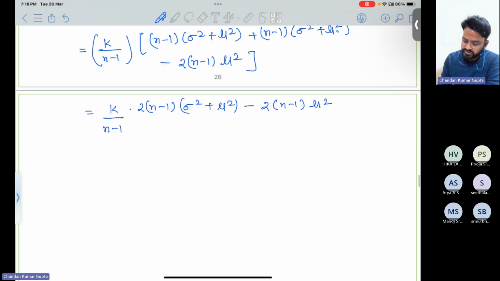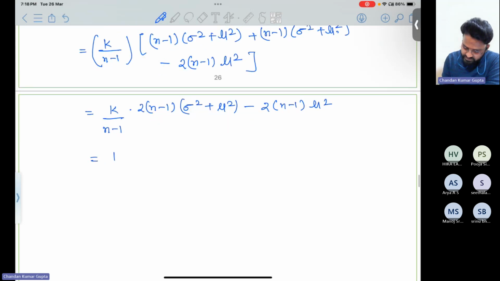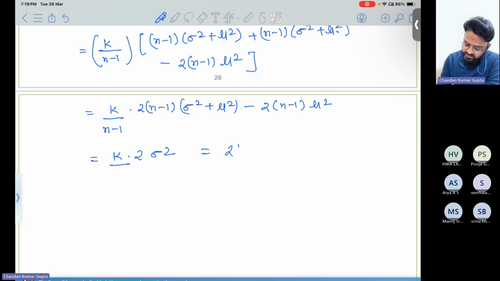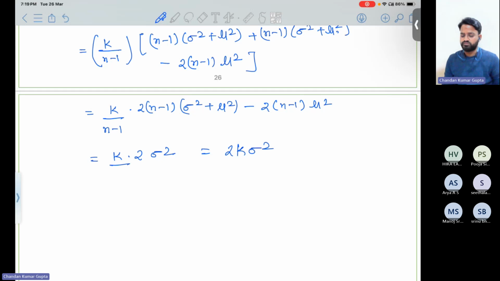Okay, so mu square will be cancelled out. That means it comes out to be k upon n minus 1 twice of n minus 1. N minus 1 is also cancelled out actually. So it comes out k into 2 into sigma square, that is twice of k sigma square.